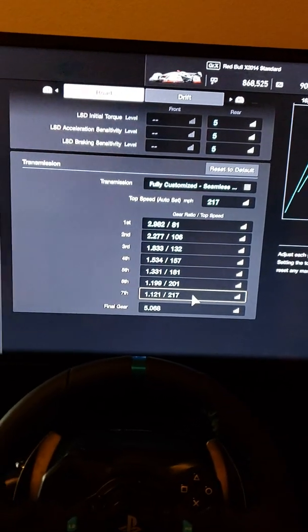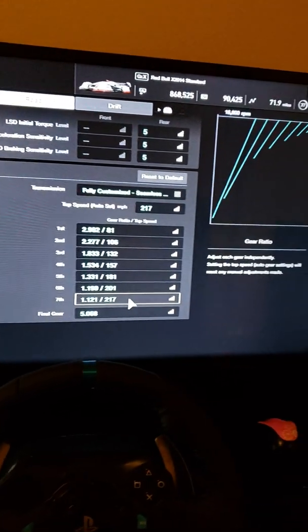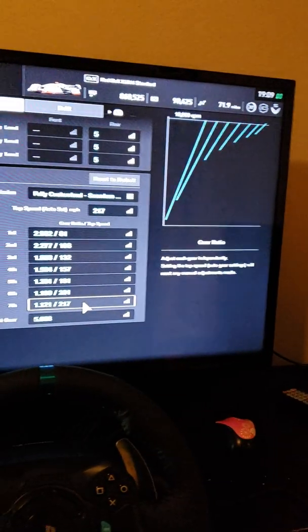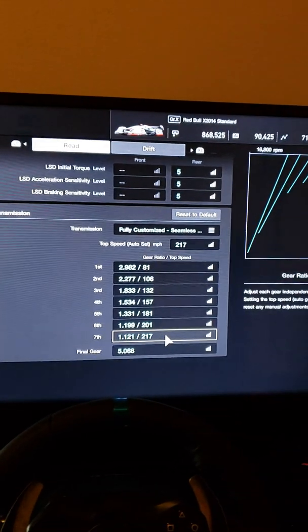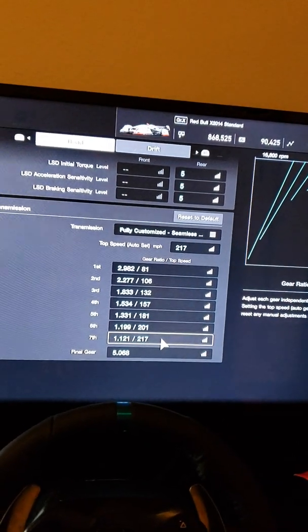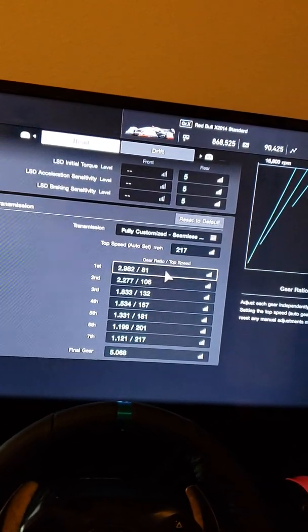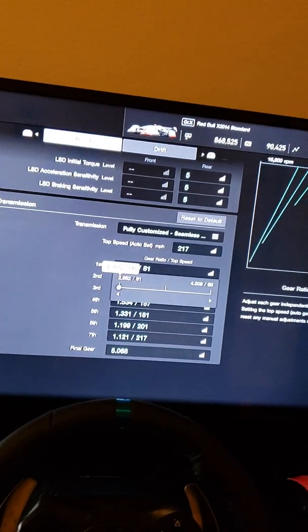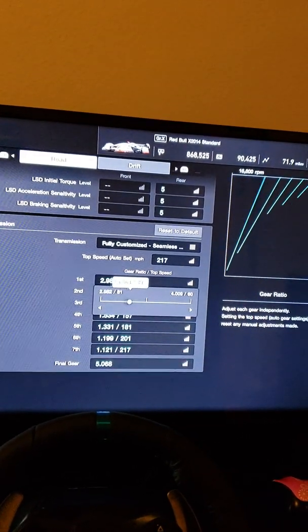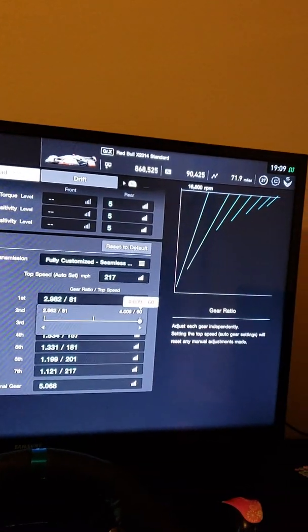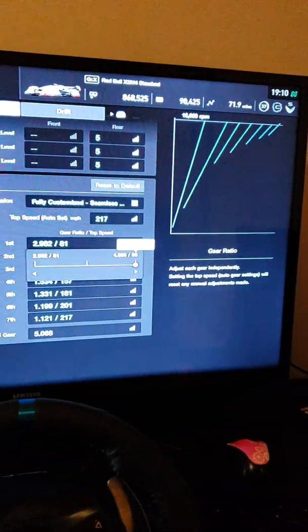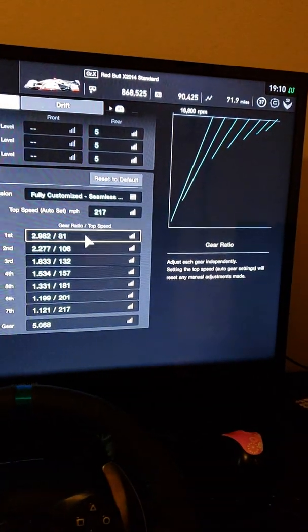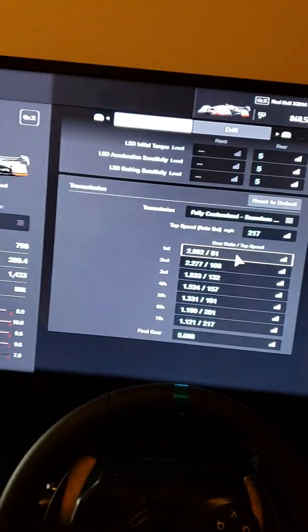Again, you can fine tune it for a turbocharged vehicle, like a Nissan GTR with a lot of turbo lag, with really long gears. You could make the first gear extremely short if you want it to be. Well, not actually short, but more this way, as you can see, so that you don't have that turbo lag.